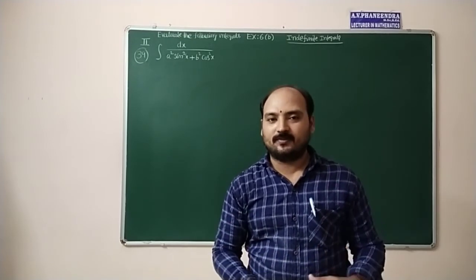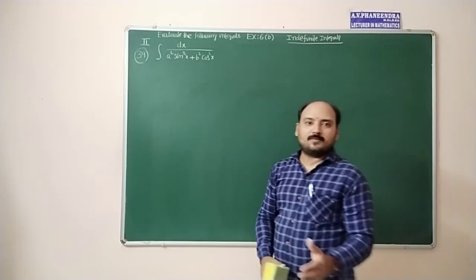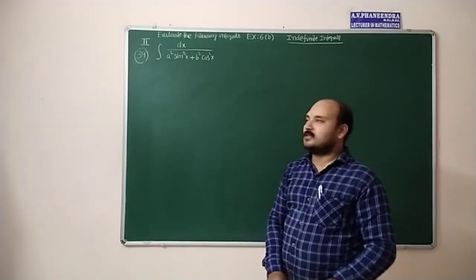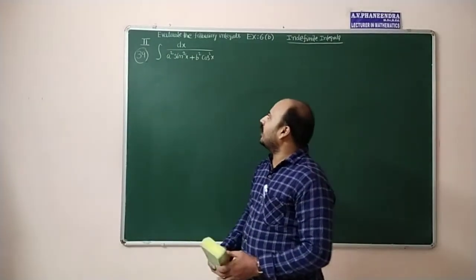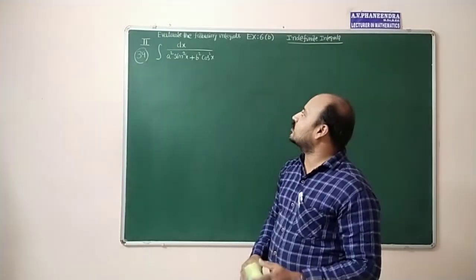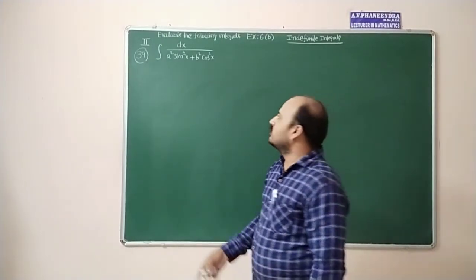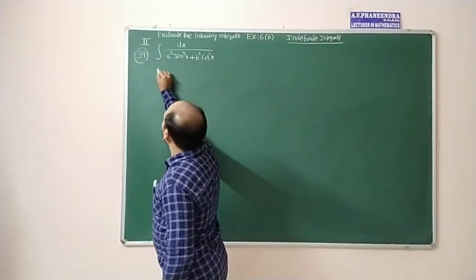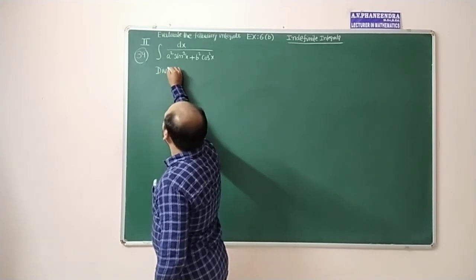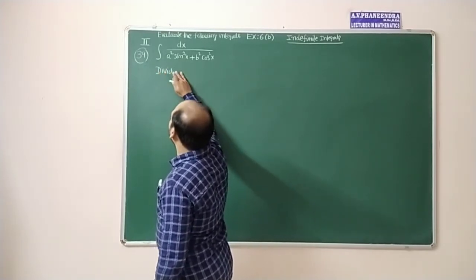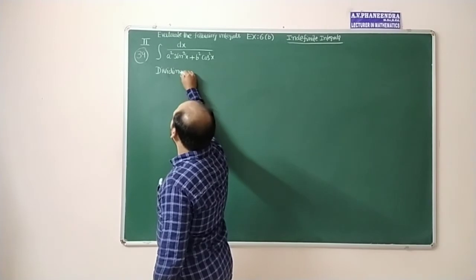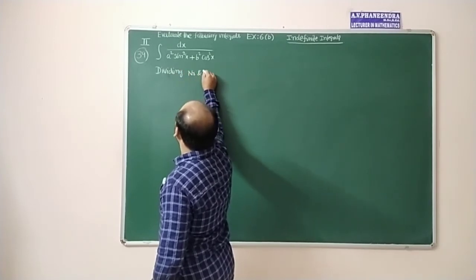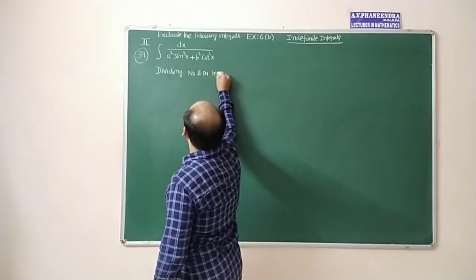This is the procedure. This is one of the types we are going to learn in the coming classes. Integral 1 by a square sin square x plus b square cos square x dx. So dividing numerator and denominator by cos square x.